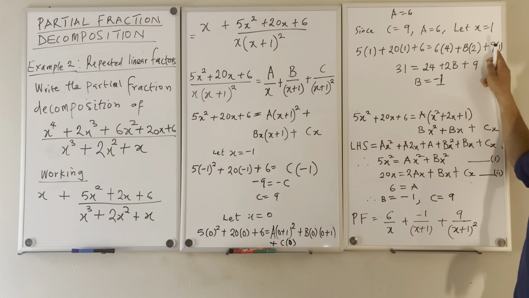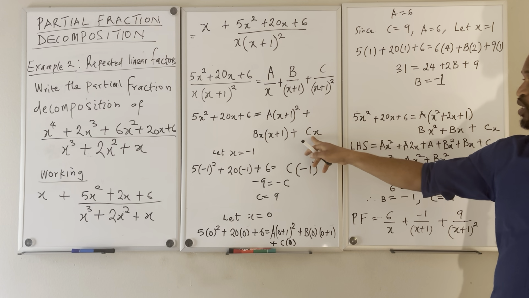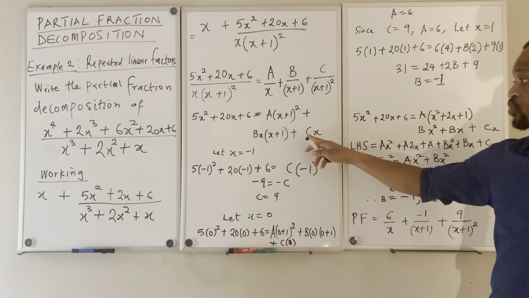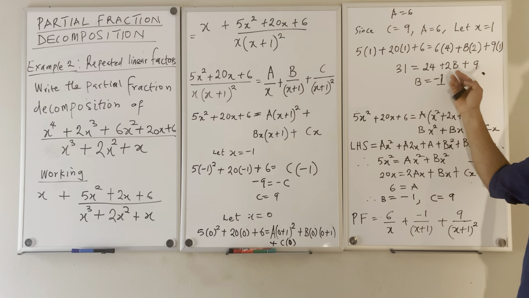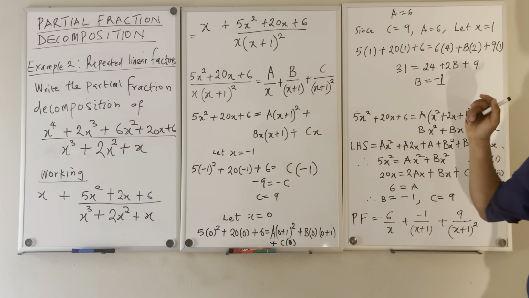we substitute 1 into c here, and into the equation here, and also 9 into c here. We'll have 9 times 1, and we are left with just b as the unknown, and when we do the arithmetic, we'll have b equals -1.